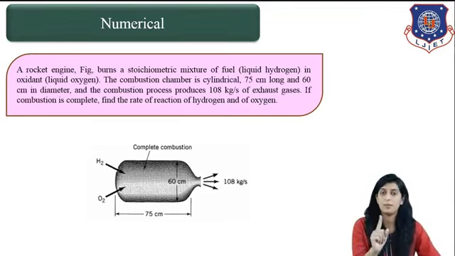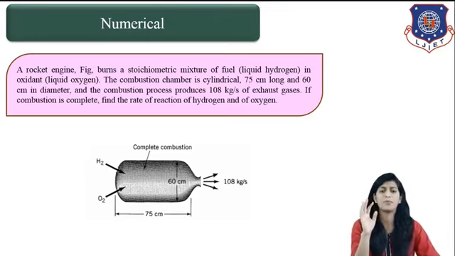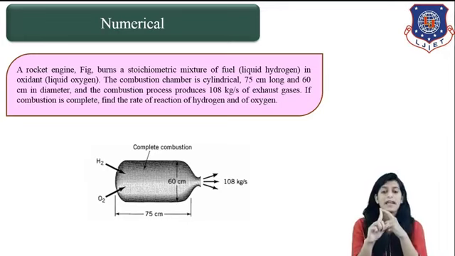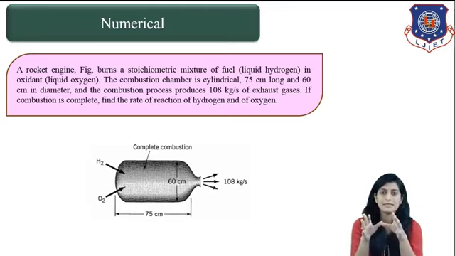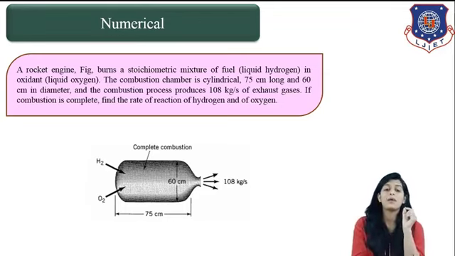It is said that the combustion is complete, so we need to find the rate of reaction of hydrogen and oxygen. In this problem, hydrogen and oxygen are the two reactants which are reacting together to form the product, which is exhaust gases, to give you energy. So we need to determine at what rate hydrogen and oxygen are getting consumed.